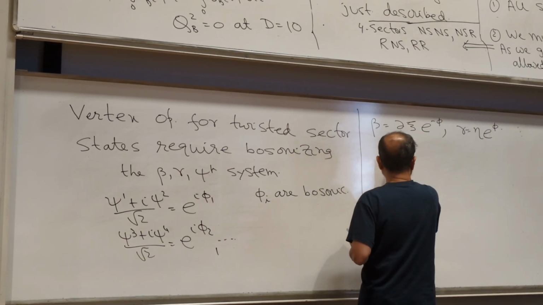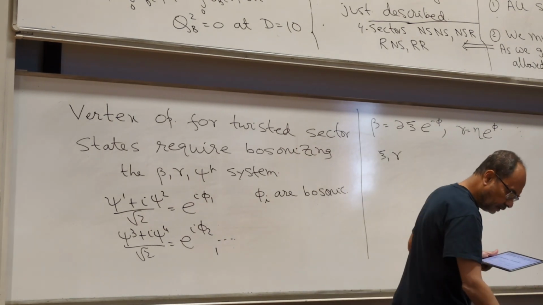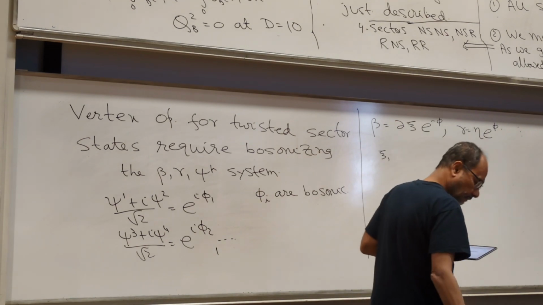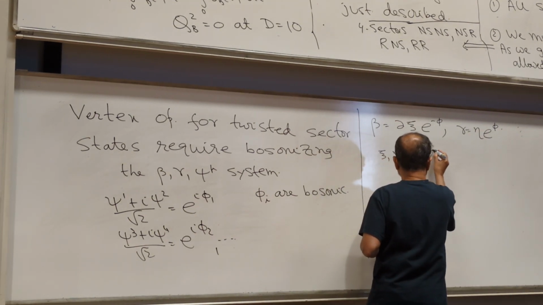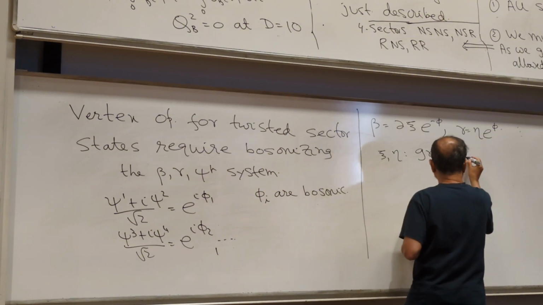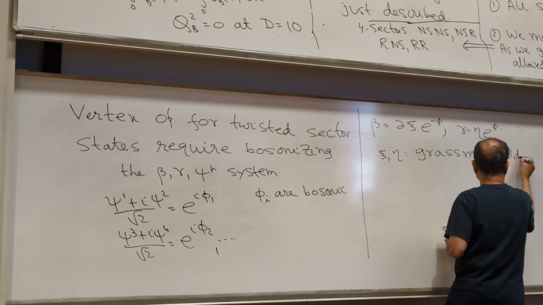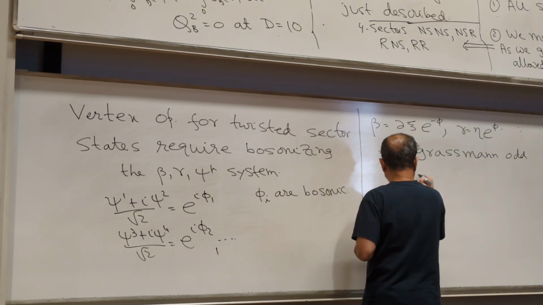Here xi and eta are fermionic; xi, eta are Grassmann odd. Phi is Grassmann even.